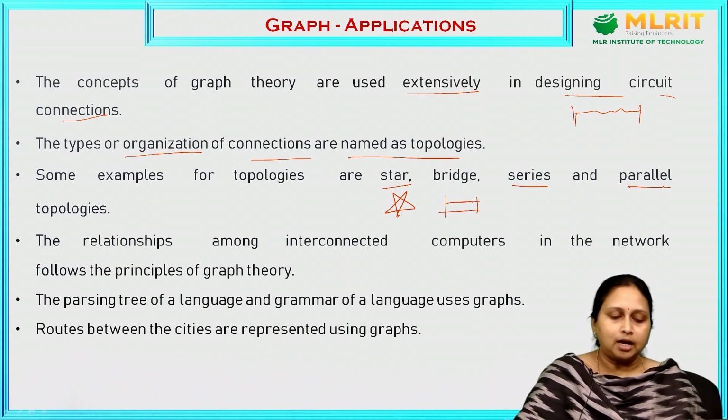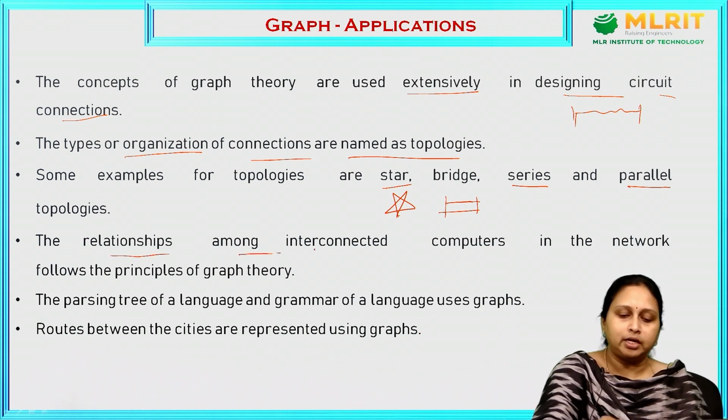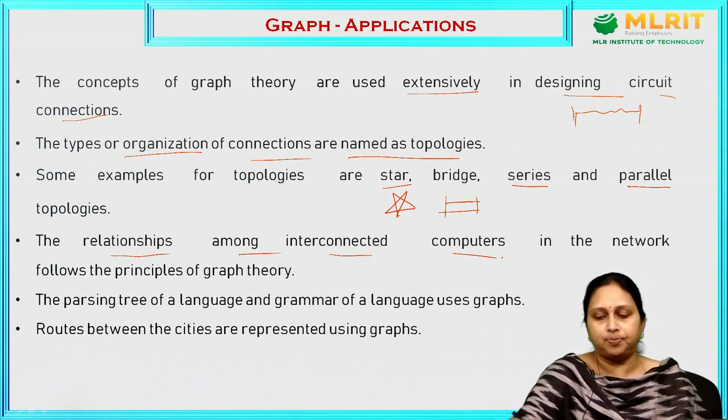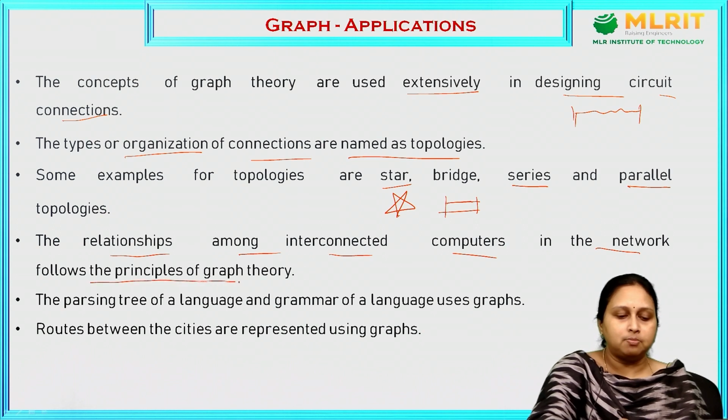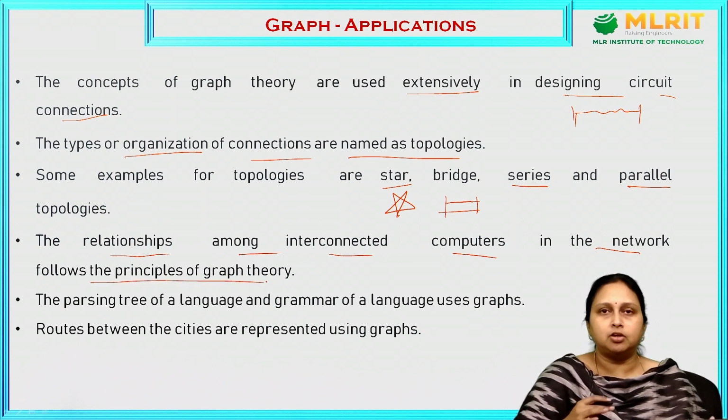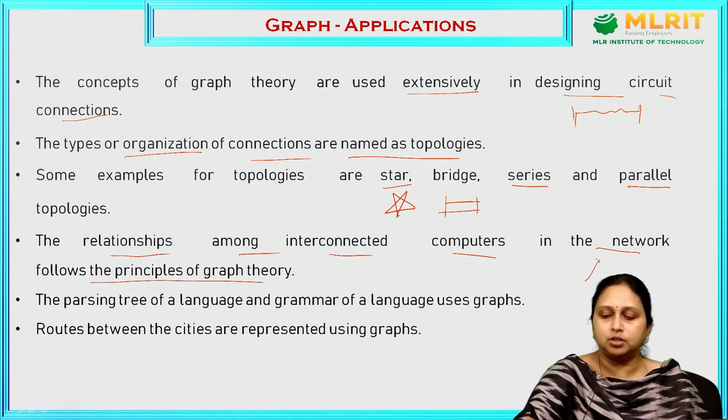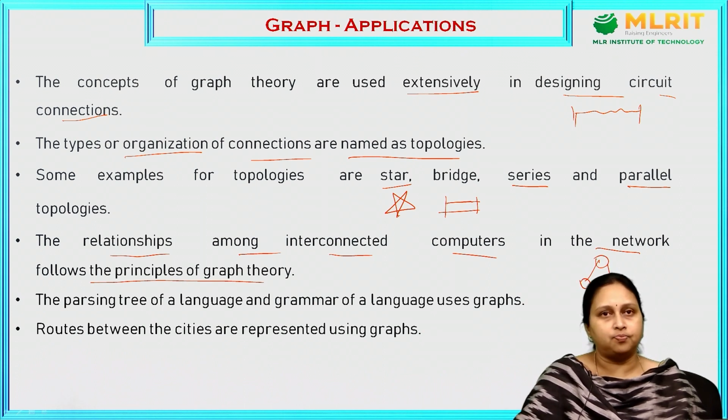And not only that, the relationships among interconnected computers in a network follow the same principle of graph theory. When you make connections between computer networks, there also we use graph theory.